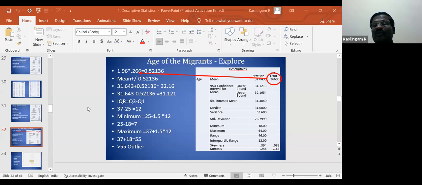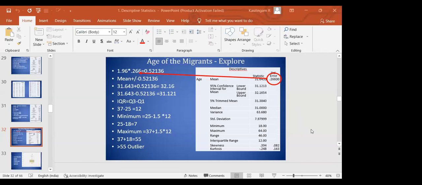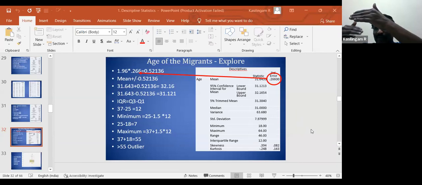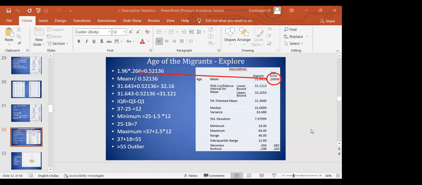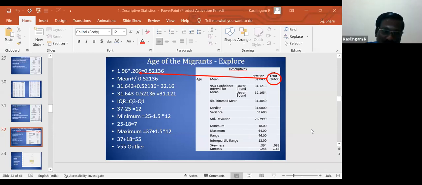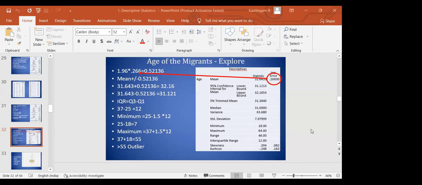So now, I am going to find out the minimum. The minimum is less than Q1, and the maximum is above Q3. My Q1 is 25.